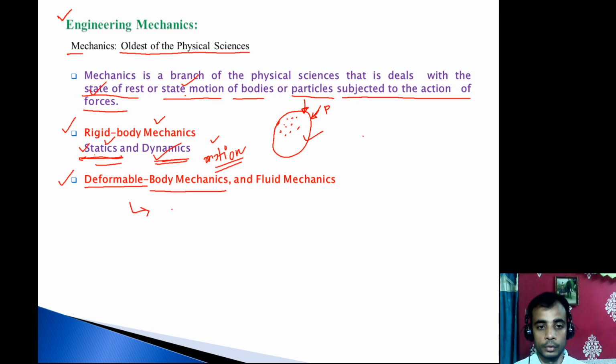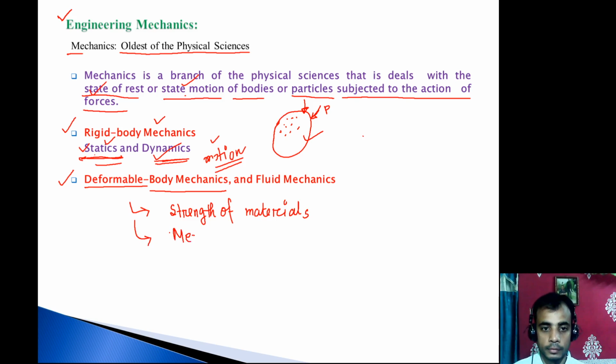It is also known as strength of materials, and also as mechanics of materials. These are basically synonyms.